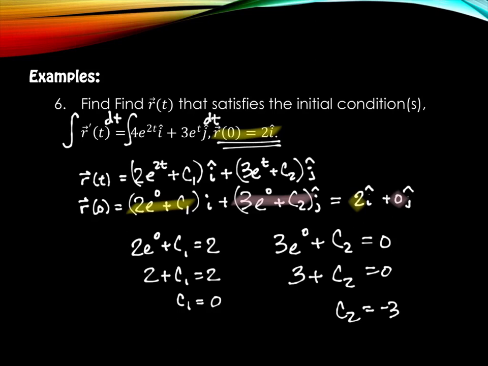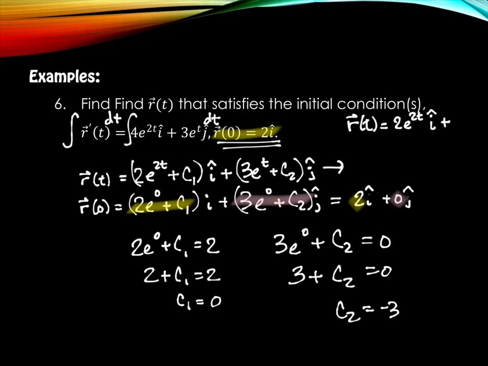Okay. That allows us to come back up to where we were and fill in the c1 and the c2. So my r of t equation is going to be 2e to the 2t, and there is no c1, so I don't need to write it, and this is i.